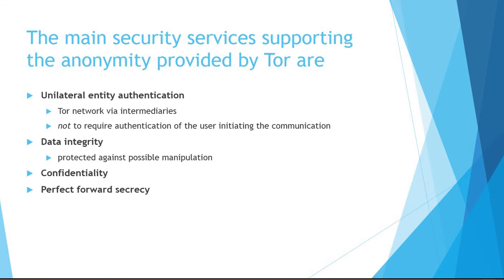Another, the fourth important thing, is perfect forward secrecy. Even when we were discussing Diffie-Hellman, we discussed the same. For example, if Alice wants the key from Bob, when Bob sends the key he will think that Alice is the original user and not impersonated.